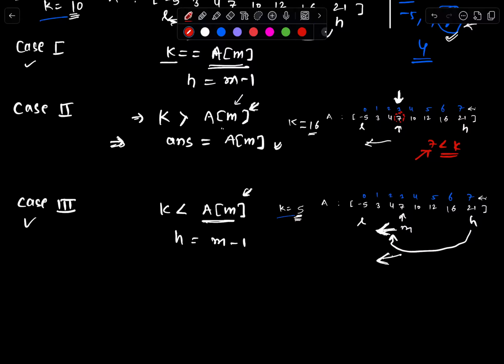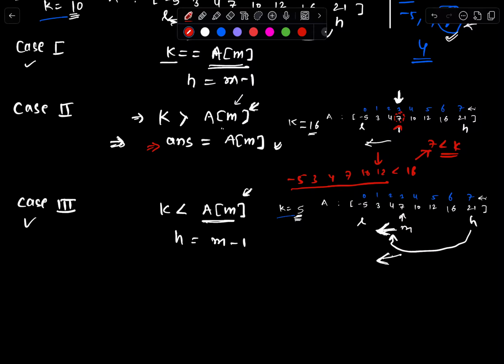But you can see this is not the maximum of it, because what are less than 16? Less than 16 are 12, 10, 7, 4, 3, and minus 5. These are all the elements which are less than 16, and the maximum of it is 12. So 12 should be the answer. But in this case, I have updated my answer to 7, the middle element.